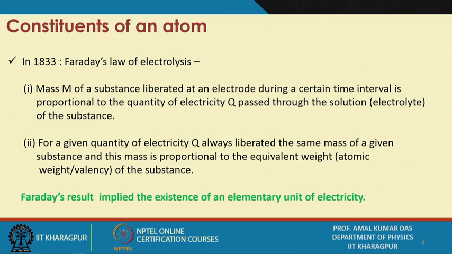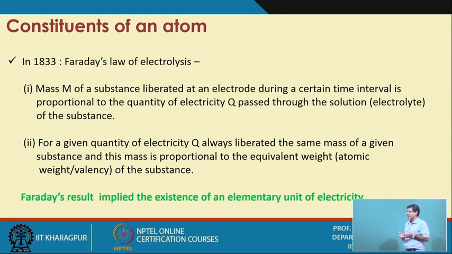Now the next question is the constituents of an atom. As I showed earlier, we now know the constituents of an atom are electron, proton and neutron.